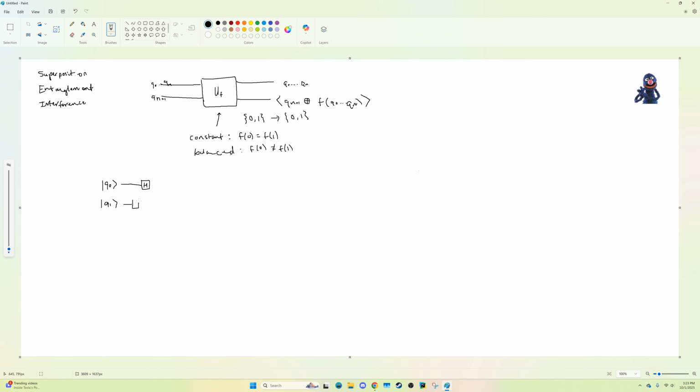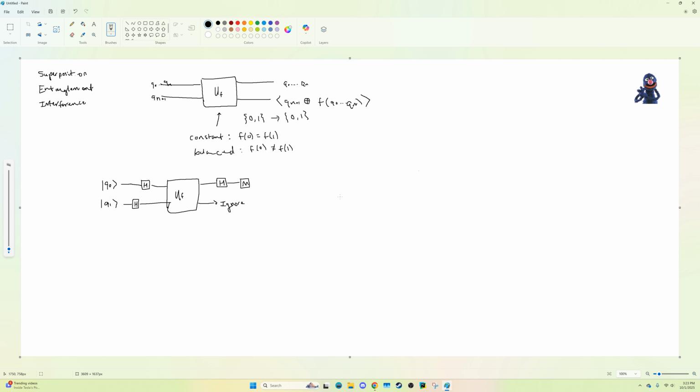The bottom input passes through a Hadamard gate as well. And both are passed into this black box function, UF. And the bottom one we will ignore.